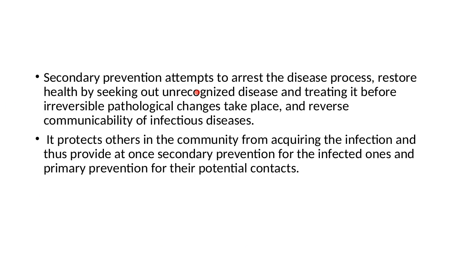So secondary prevention attempts to arrest the disease process and restore health by seeking out unrecognized disease and treating it before irreversible pathological changes take place, and to reverse the communicability of infectious diseases. I've already explained this. It protects others in the community from acquiring the infection, and thus provides at once secondary prevention for the infected ones and primary prevention for their potential contacts.